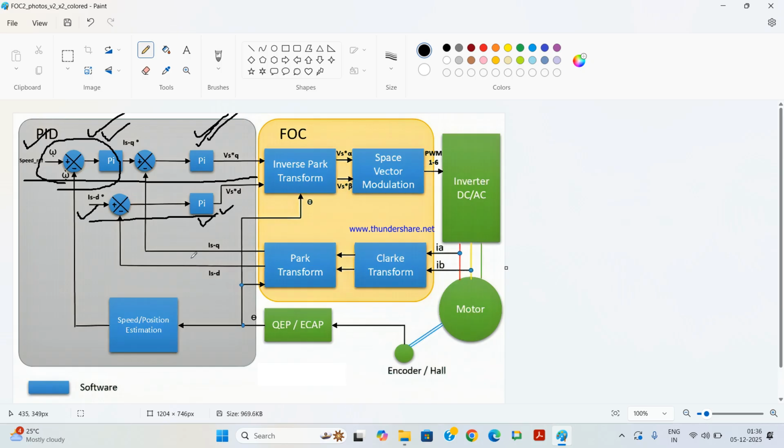After this, we will do a no load run and capture all these inputs and outputs. After that, there is a very good tool available in MATLAB called the system identification tool. With that tool, I will estimate the transfer function of these 3 loops, and then very easily I can tune it.